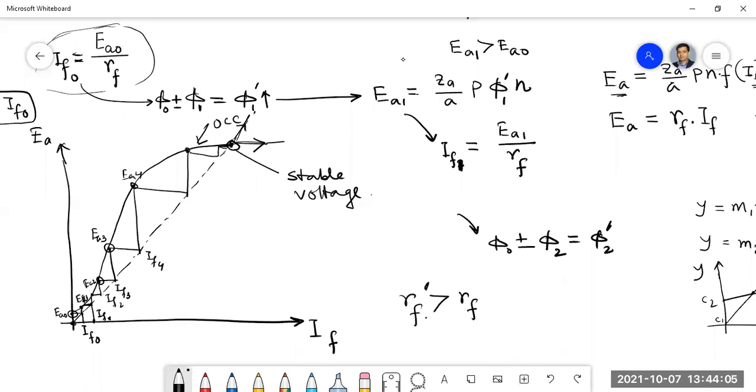What will be the change in these two curves? Sir, if RF increases then the slope will increase, and IF will decrease. The RF, I'm increasing RF. What will happen? The slope will increase, isn't it?